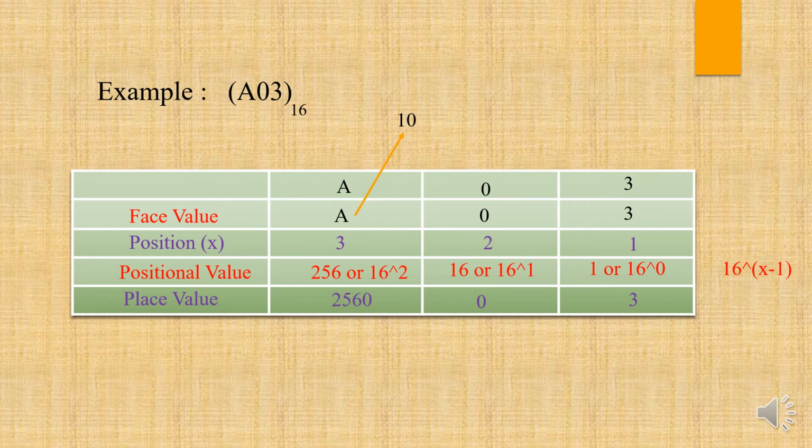So these are the place values. Now if we add the place values all together, then we get the number 2563, which is in decimal format. Okay, so all these terms are explained here in terms of the hexadecimal number system.